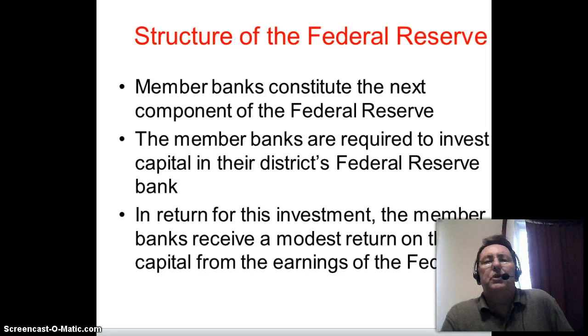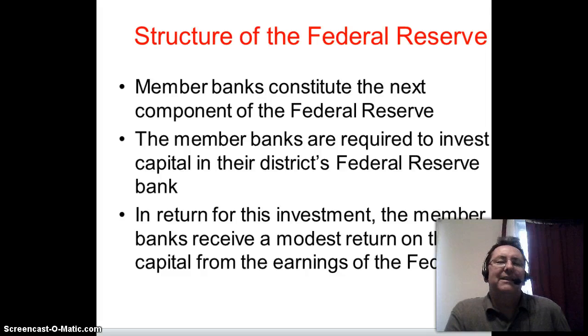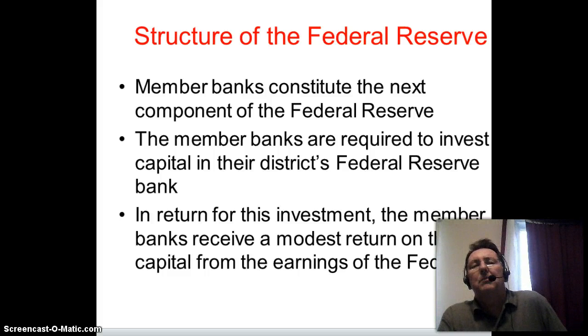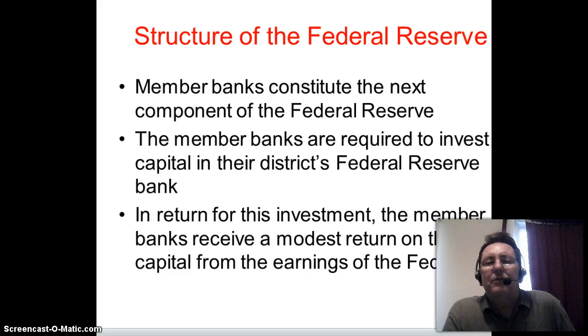Member banks constitute the next component of the Fed. The member banks are required to invest capital in their district's Federal Reserve Bank. In return for this investment, the member banks receive a modest return on their capital from the earnings of the Fed. So here we're talking about these member banks taking a chunk of their depositors' money, ranging from 20 to 40%, and actually investing it in their district's Federal Reserve Bank.